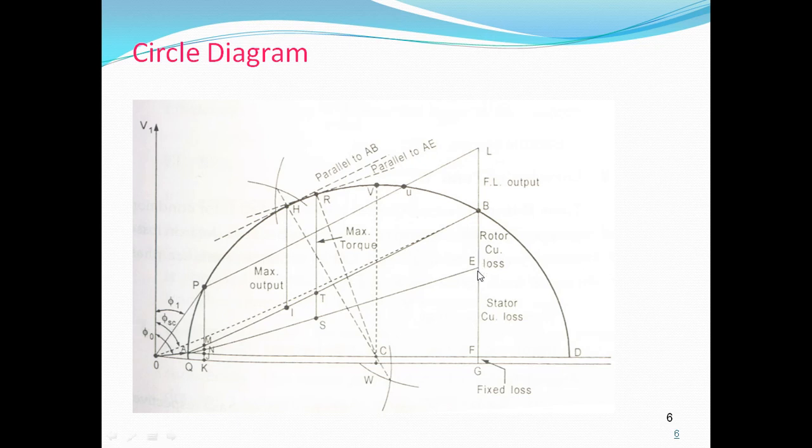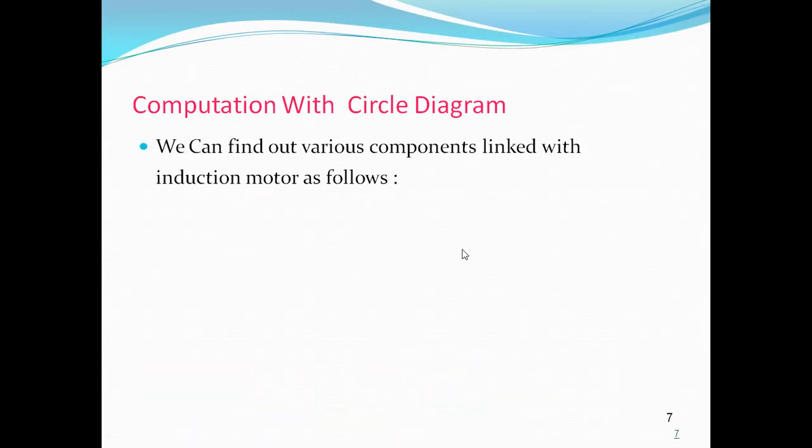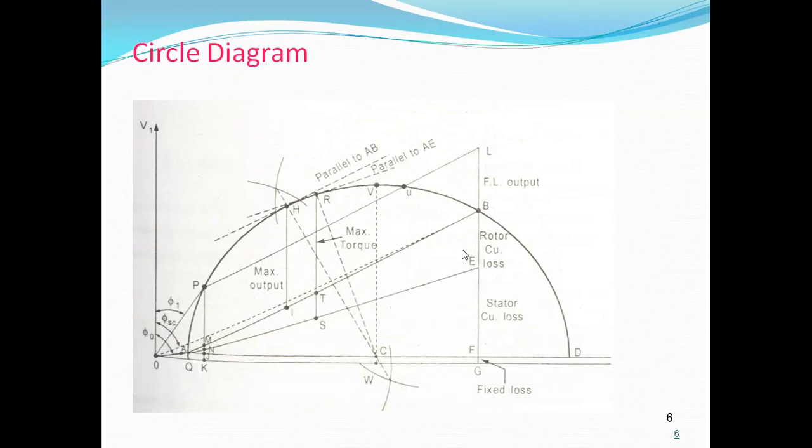When the rotor is blocked, all the power supplied to the motor is wasted as core losses and copper losses in the stator and rotor windings. The power input is proportional to BG.